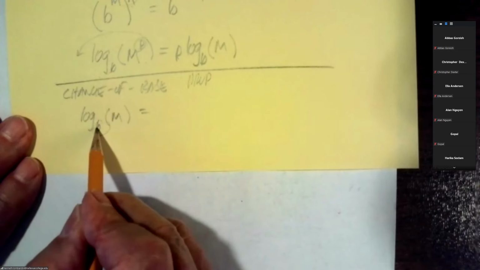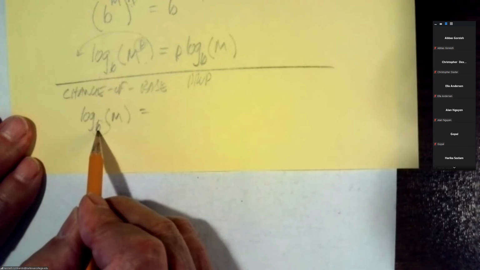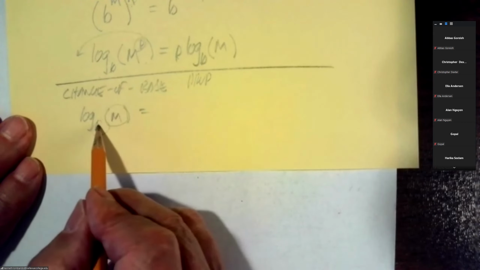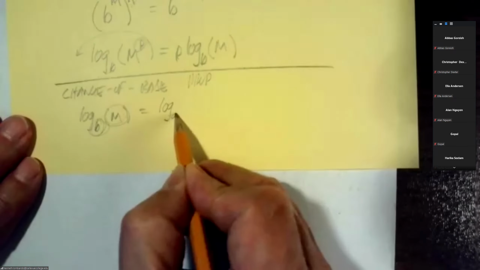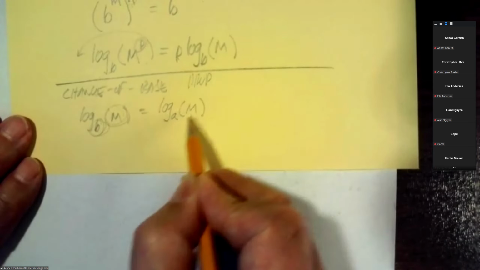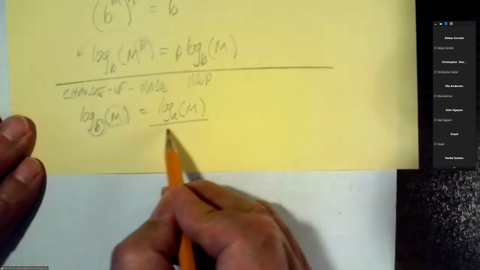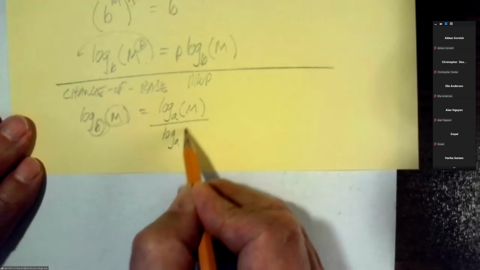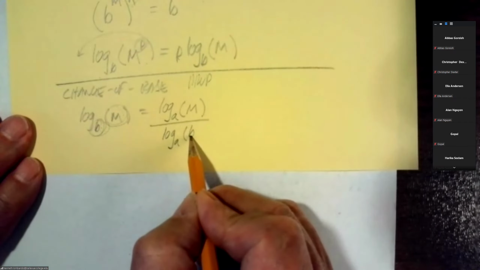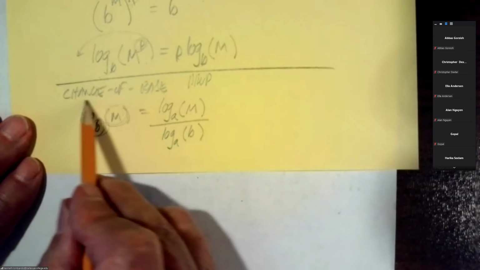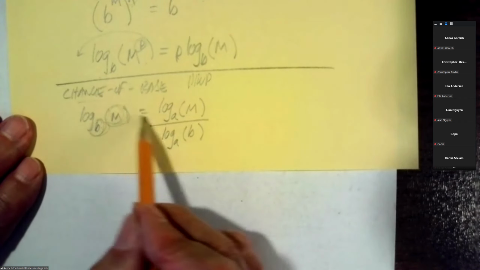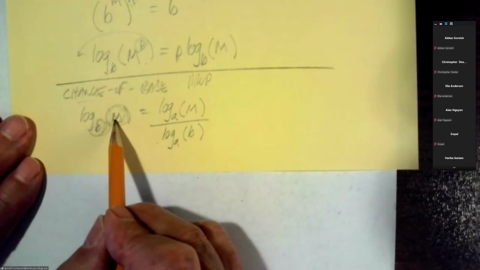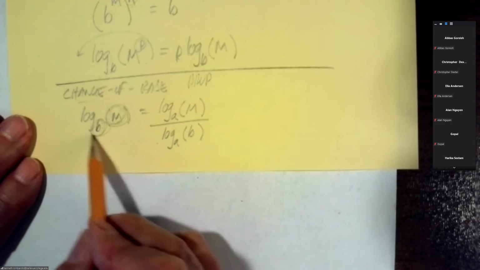Maybe instead of base b, we want base a. So we take log base a of each of these, this value here and this base here. So that becomes log base a of m. And we're going to divide that by log base a of the previous base, which was b in this case. So this will allow us to change the base by simply taking the log of the new base of this value that we're taking the log of, and then this value of the base.